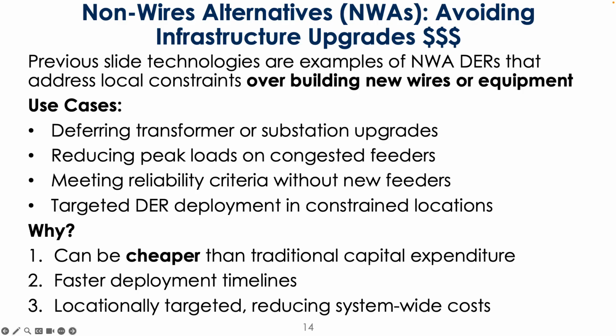So I may be able to defer transformer or substation upgrades. I can reduce peak loads on congested feeders, meet reliability criteria without having to put in new equipment. And then I can even target DER deployment, right, in places that have stronger constraints.